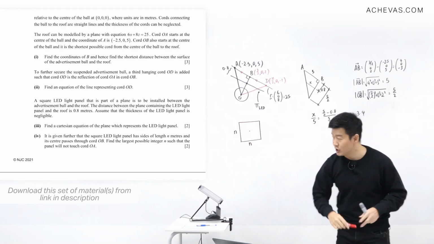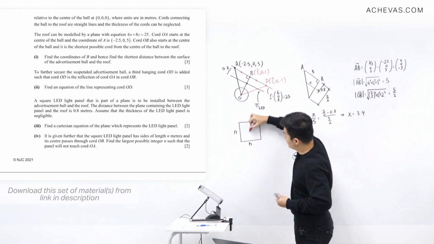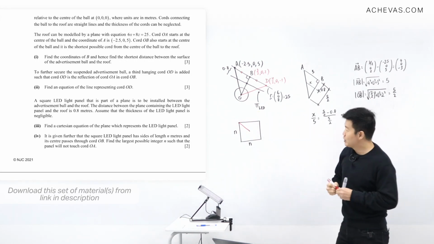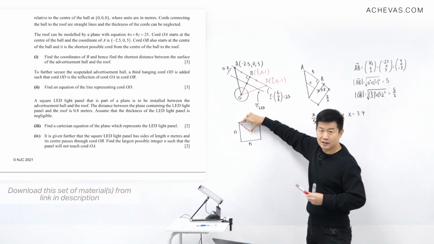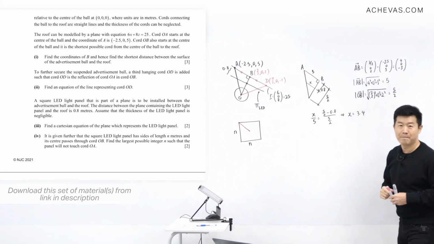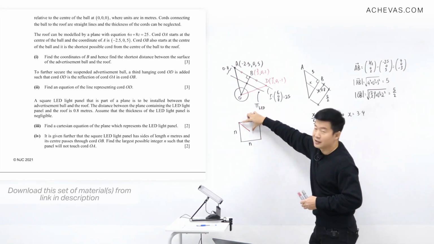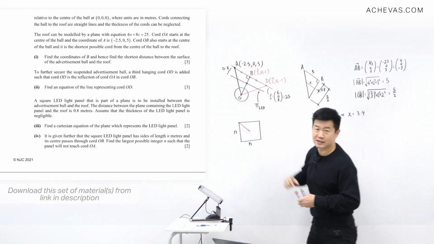What is the furthest reach? It will be from here, planted here, all the way until the diagonal here. I'm going to make sure that this distance is restricted by this, so this has to be shorter than this.